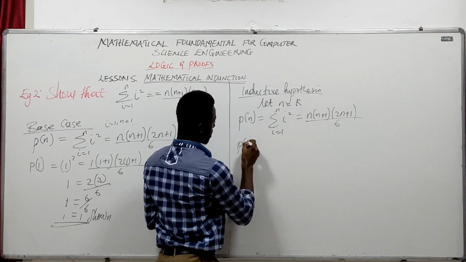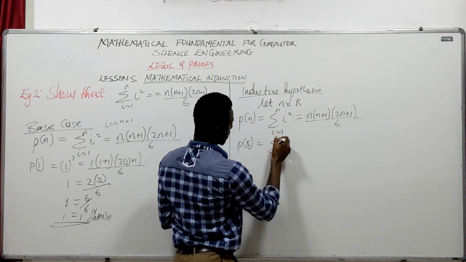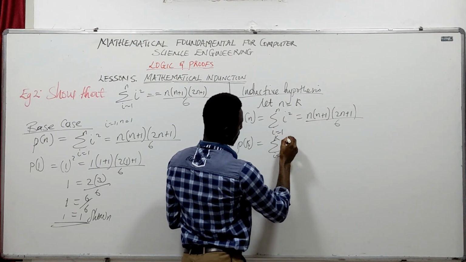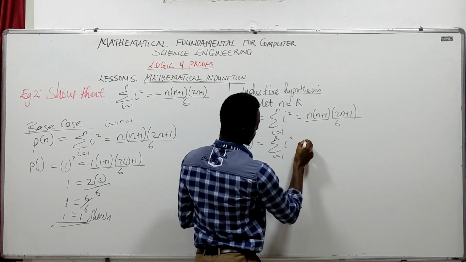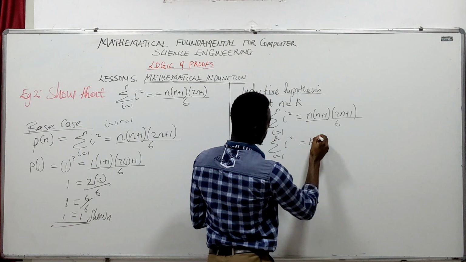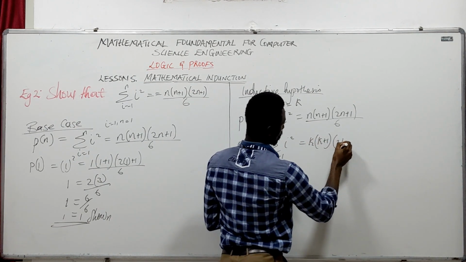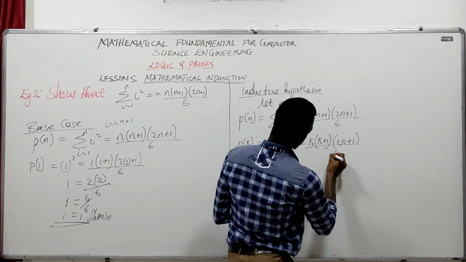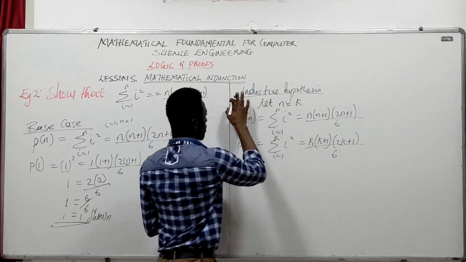So P of k is equal to the summation of i squared from i equals 1 to k, which is equal to k into k plus 1 into 2k plus 1 over 6. Okay, so that's the second part.